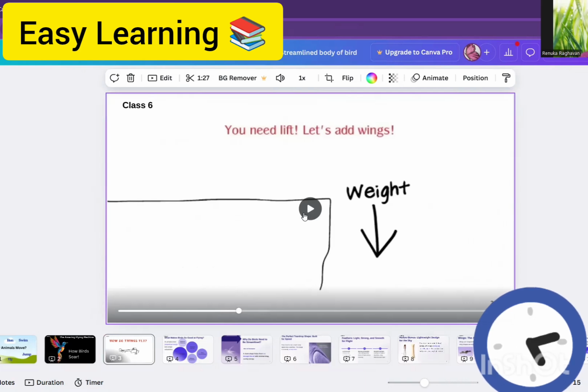So it needs the lift. Only if there is a lift force, it can fly. Now he is going to add wings to the plane so that he can try the flight again.